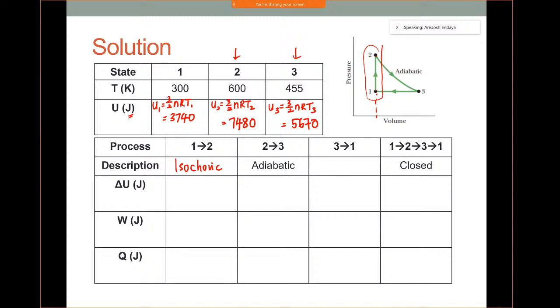So how to find the change in internal energy? It is equal to final minus initial, so U2 minus U1. U2 minus U1, 74 at 0 minus 3740 is equal to 3740 in positive value.